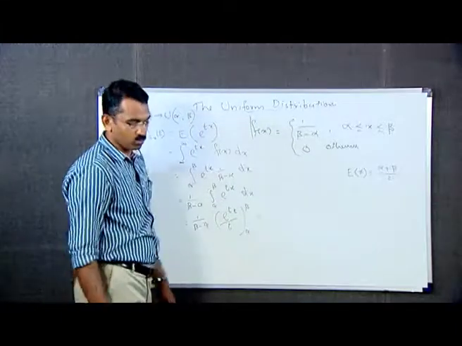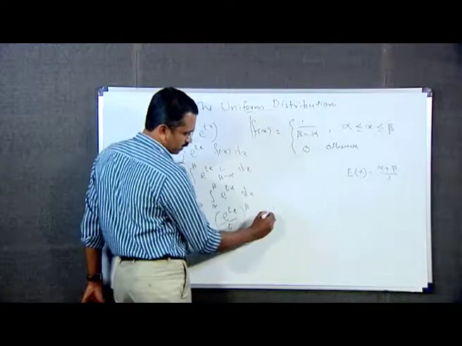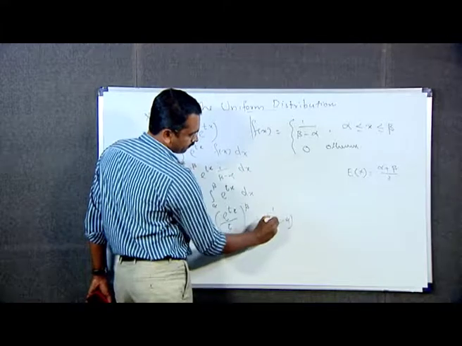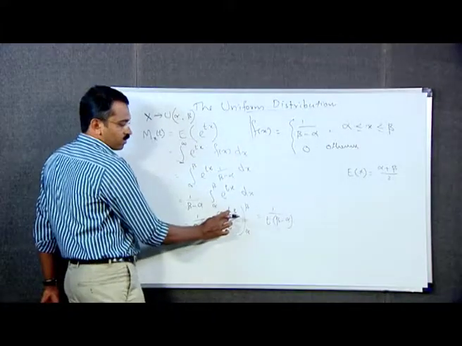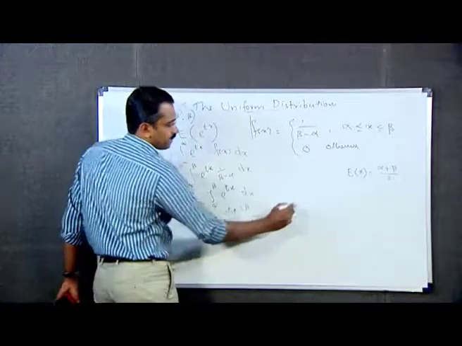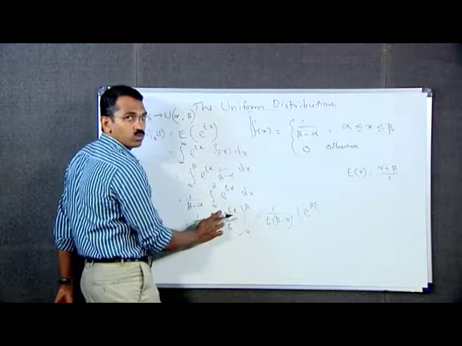Which is equal to 1 by beta minus alpha into t, that is 1 by t into beta minus alpha, into e raised to beta t minus e raised to alpha t.